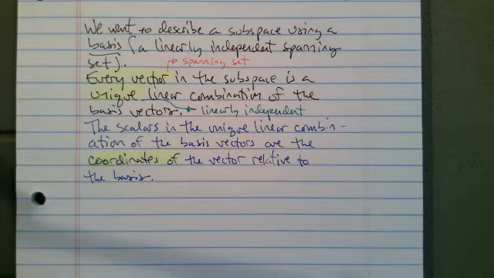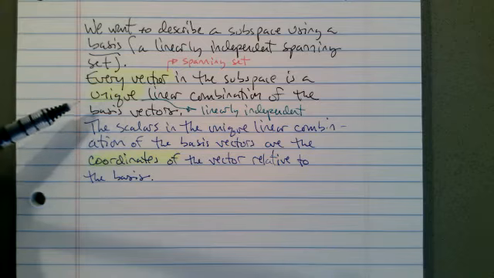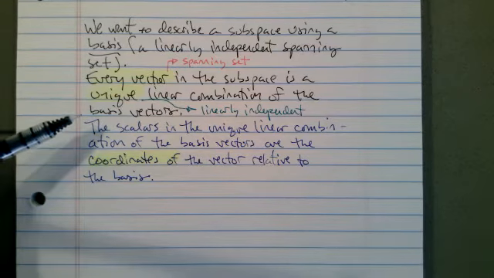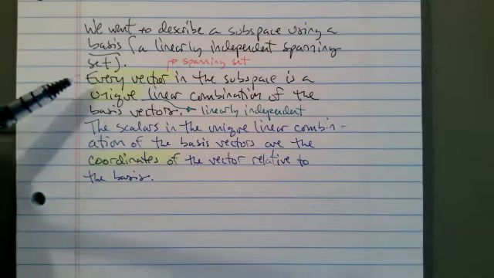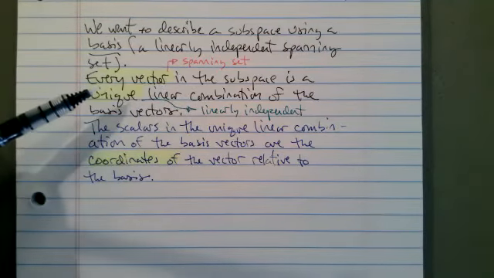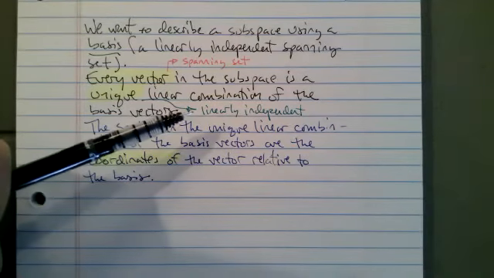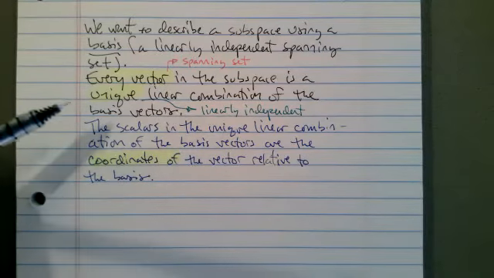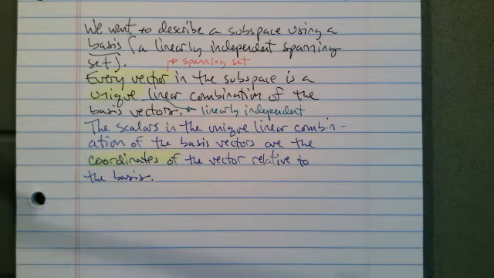Once we have a basis, every vector in the subspace will be a unique linear combination of the basis vectors. We get every vector because we started with the spanning set. We get a unique linear combination because the vectors are linearly independent. Those are the two things, existence and uniqueness.